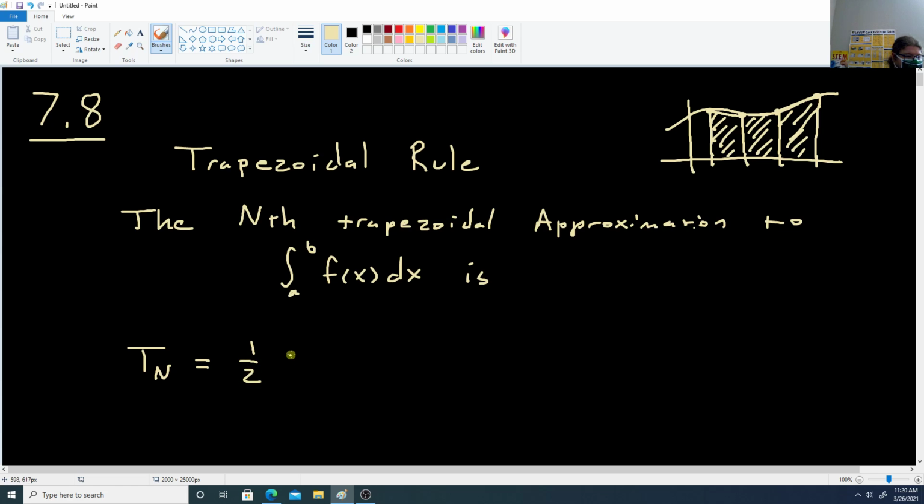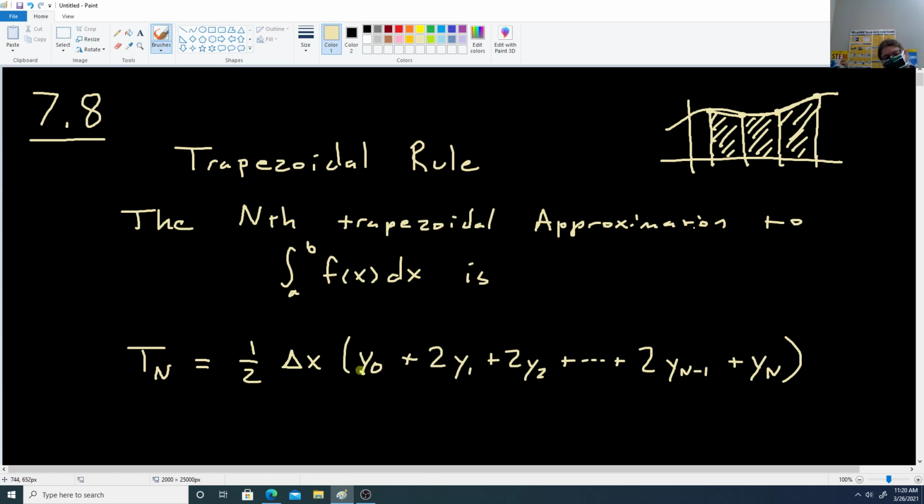It's 1/2 times delta x, and then we have y0, the starting point, plus 2y1 plus 2y2 plus so forth and so on. They each have these 2's till you get to the 2yn minus 1. When you get to the very, very last one, you don't have a 2 in front of it anymore. So the first term and the final term don't have 2's in front of it. All the in-between stuff does.